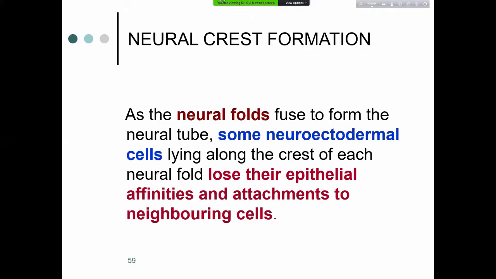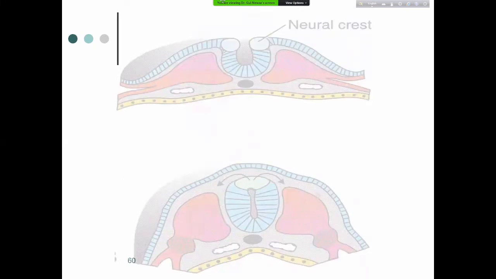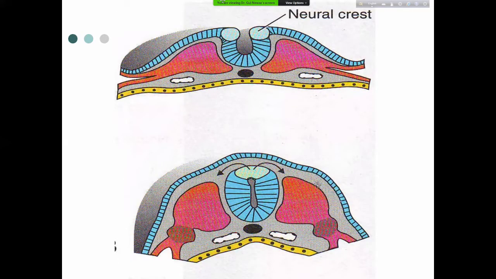Let us see. As the neural folds fuse to form the neural tube, some neuroectodermal cells lying along the crest of each neural fold lose their epithelial affinities and attachments to the neighboring cells. Look here again, the neural folds are here and they will fuse.